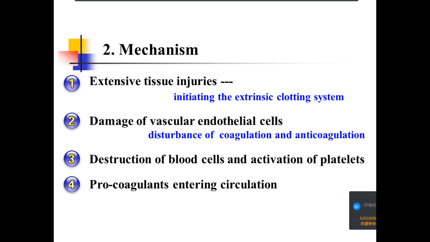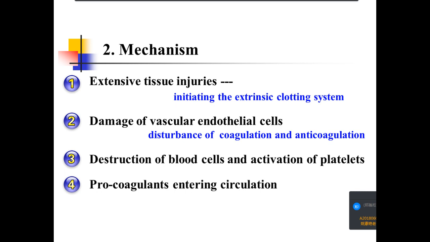Next, less antithrombin 3 is released, TFPI, tissue factor pathway inhibitor, decreases, and PI release decreases.